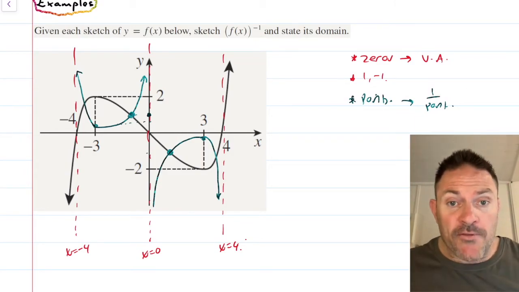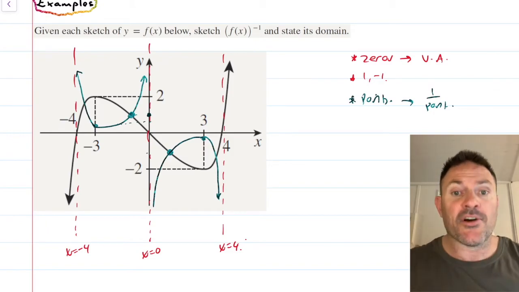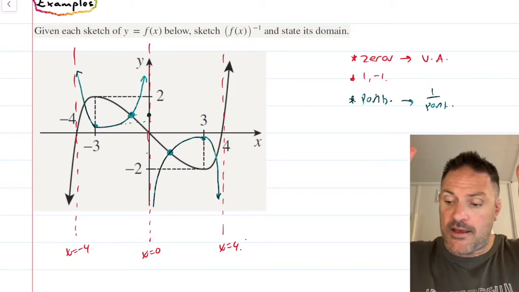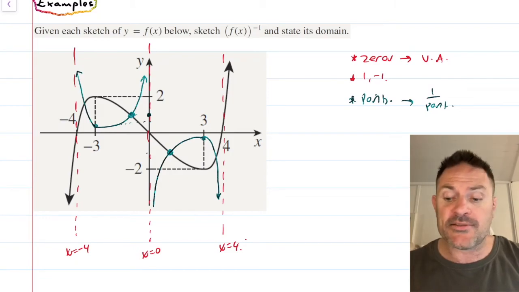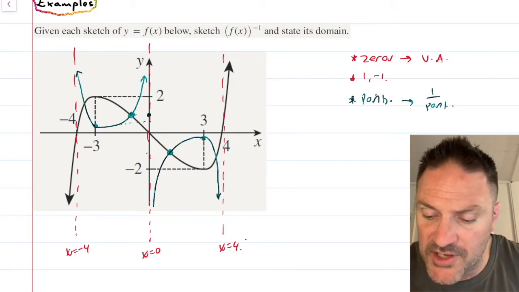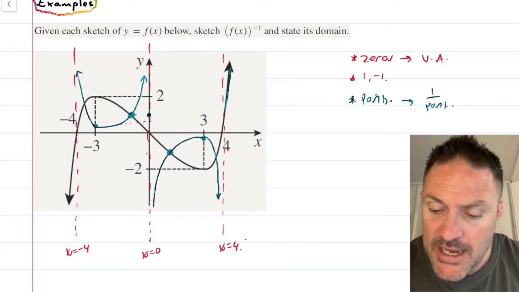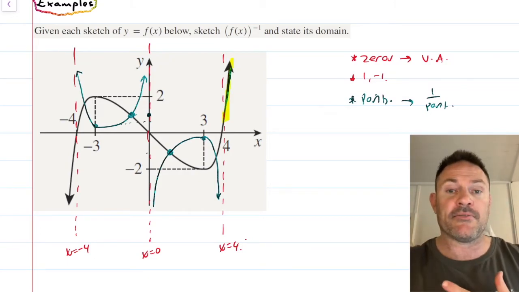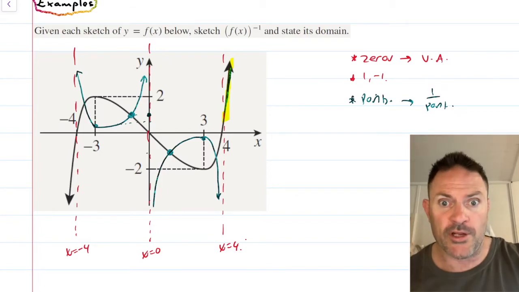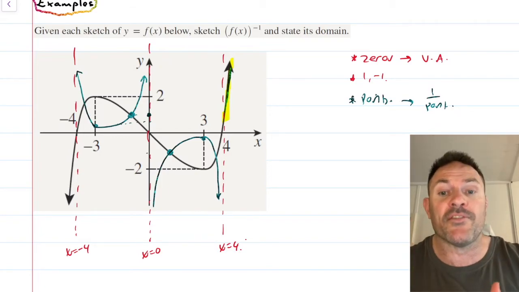On the outside of that, it's still important to look, because outside my vertical asymptotes, we might have some other stuff going on. You can see this part of the graph, I'll try and highlight it there in yellow, it's always getting bigger. It's getting massive, which means the reciprocal of that is really, really small. It's a fraction, it's 1 over those big numbers.